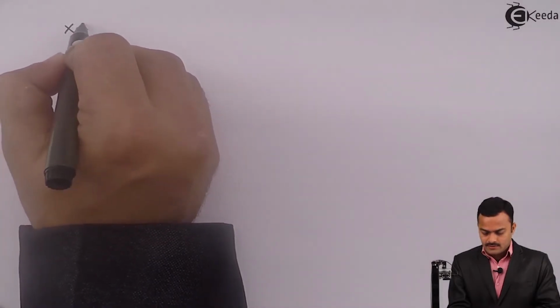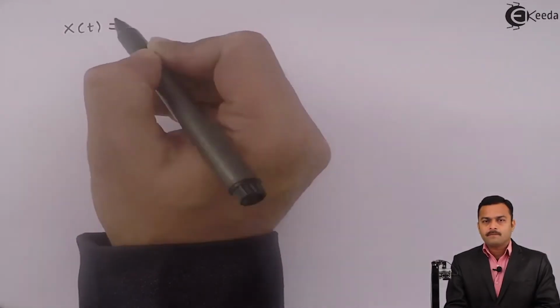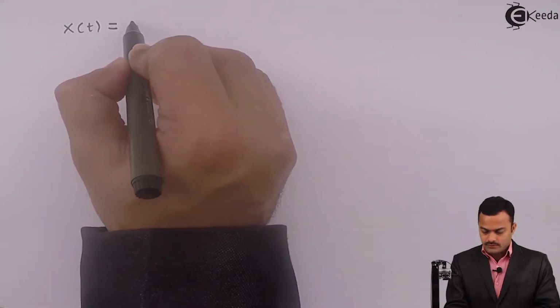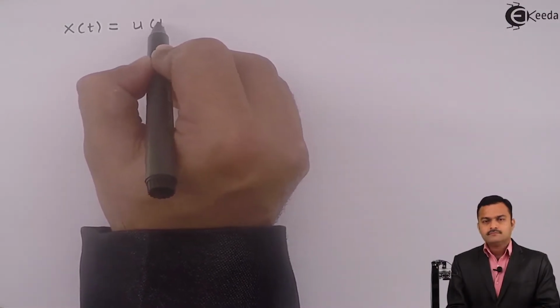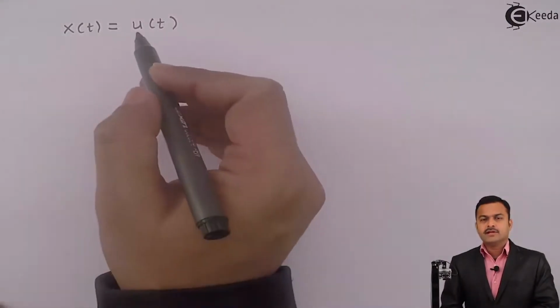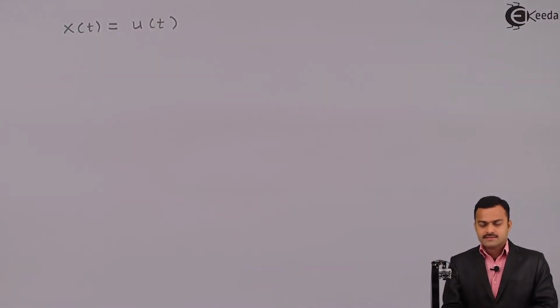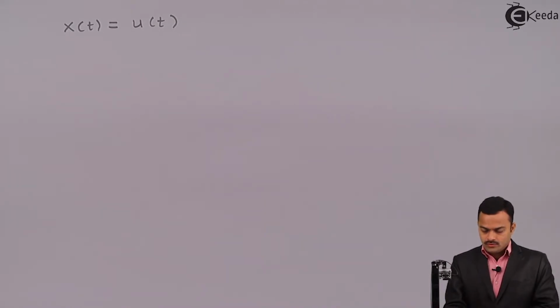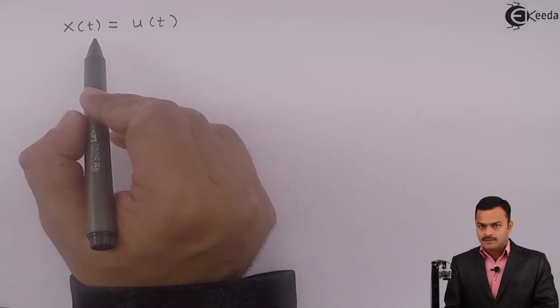So let's take an example where the continuous time signal is a standard step. So s of t is u of t. For this, we need to find out what is the energy and power. So first we will plot this.